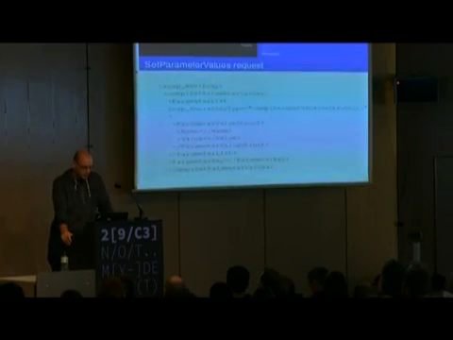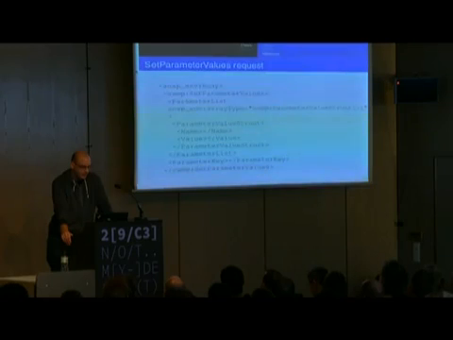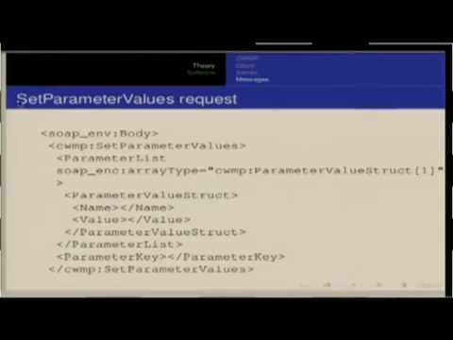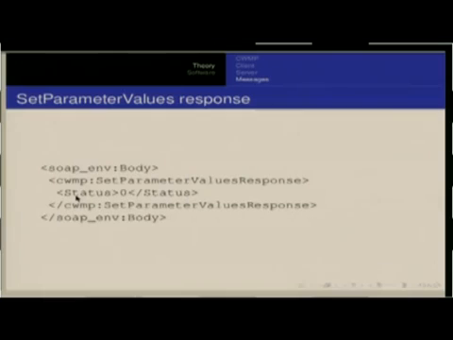Okay, so when ACS wants to set a parameter, this is how it's done. Basically you just put in this area the name of the parameter and then the value that you want to change, and then also you can put here as many parameters as you want, but all the parameters must be set.